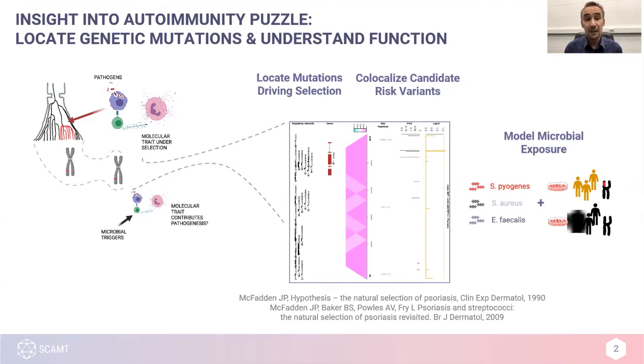So that's exactly what we are using to locate these genetic imprints and use this information in prioritizing genetic variants and genes that are contributing to pathogenesis. So that's briefly called fine mapping, and that's the first project.